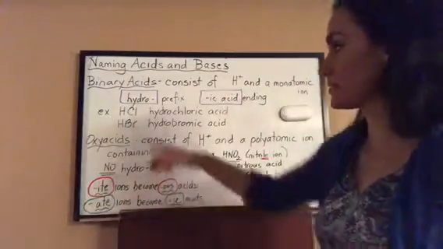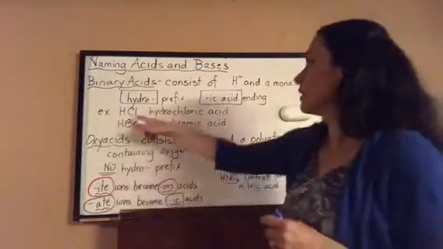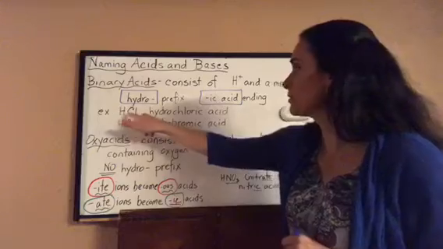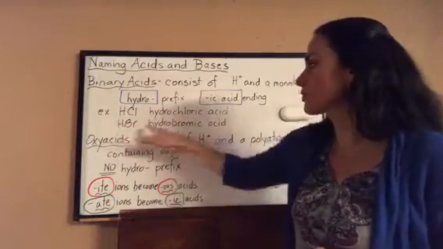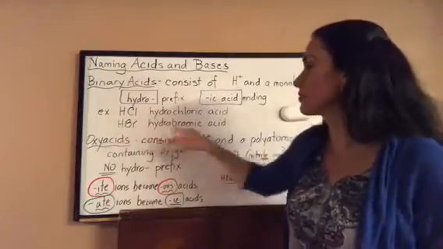Common binary acids are HCl and HBr, which are called hydrochloric acid, from the chloride ion, and hydrobromic acid, from the bromide ion.